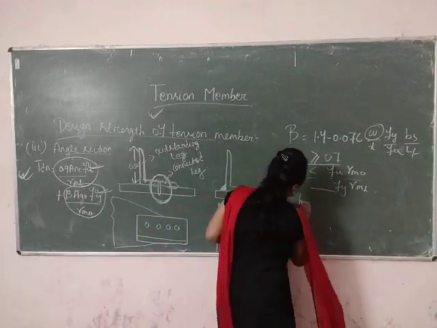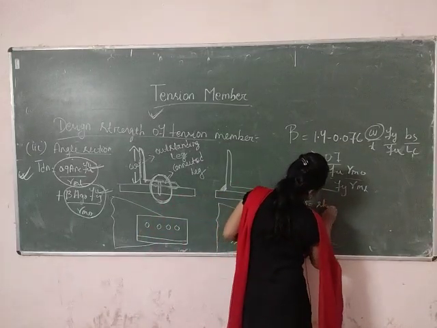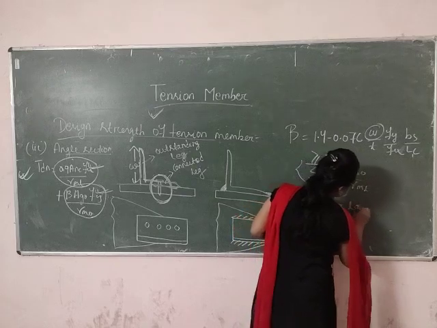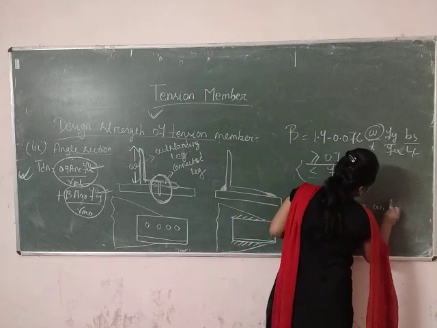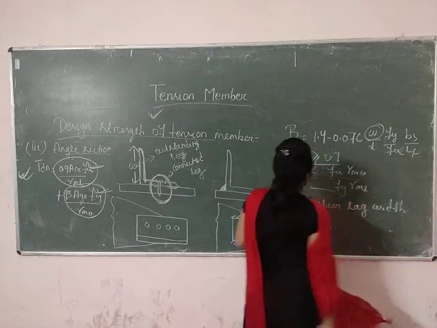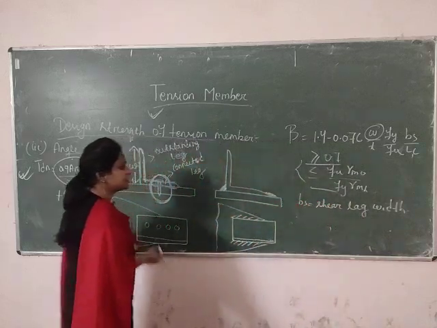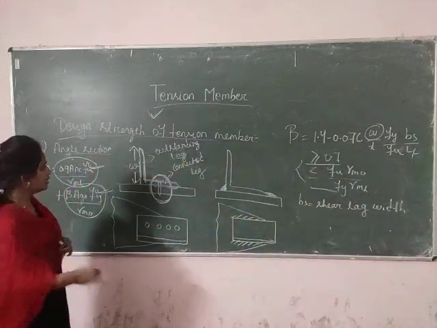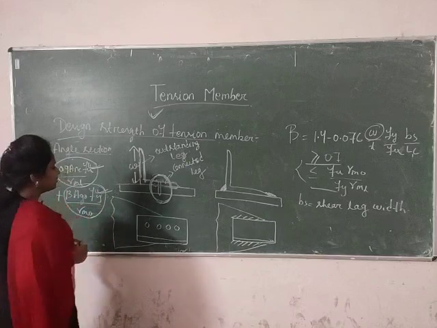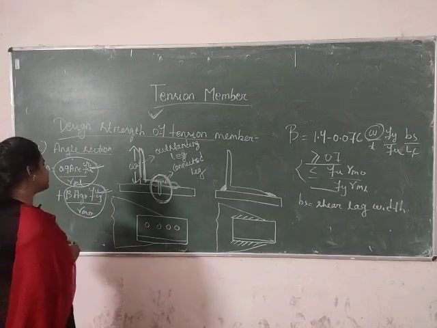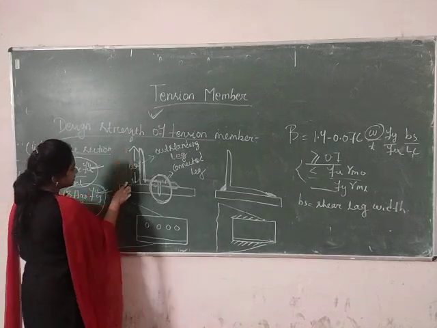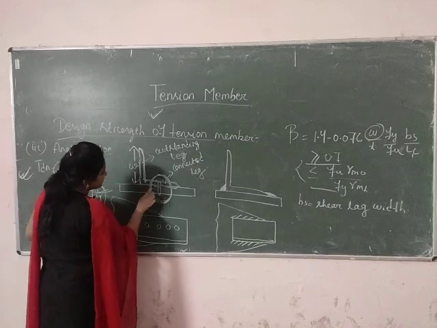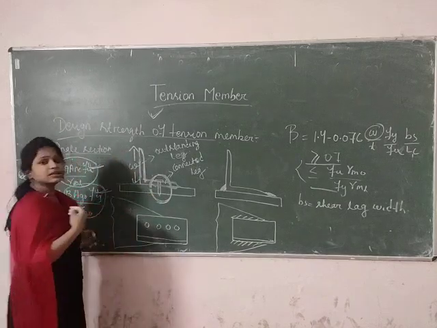Bs is the shear lag width, meaning the part which is facing the shear lag. If it is the case of a bolted connection, then you can see this distance up to this distance will face the shear lag.